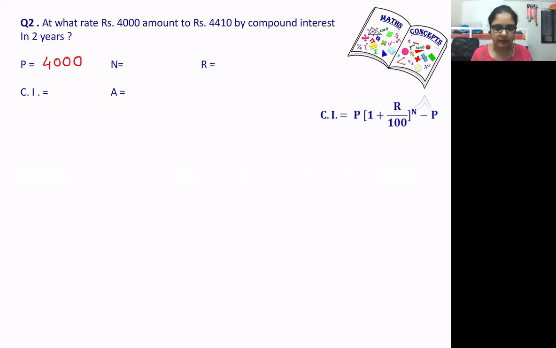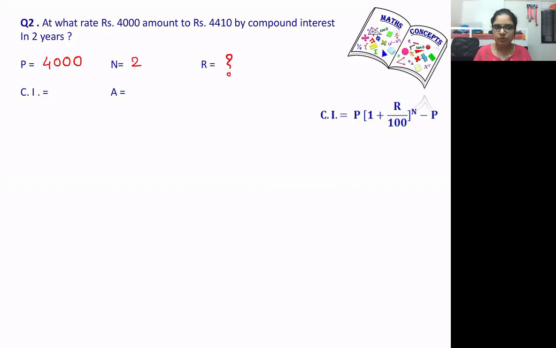I've written these values here purposefully so that when you solve such type of questions, you will also write them like this. First, we have to collect all the data that is given, and based on that, we can always find out what is asked. Number of years n is equal to 2. The rate is something that we need to find out.